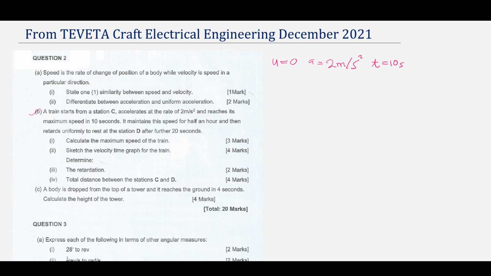So we can say we have time 2 is equal to half an hour, that is 30 minutes, which is 30 times 60. Okay, let me just write this somewhere else.